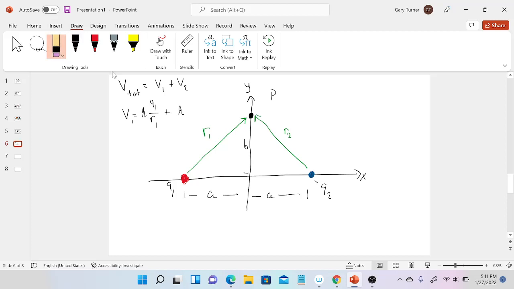I did it again, I keep writing capital Q's. Plus KQ2 over R2. But R1 is equal to the square root of A squared plus B squared, and this also equals R2.